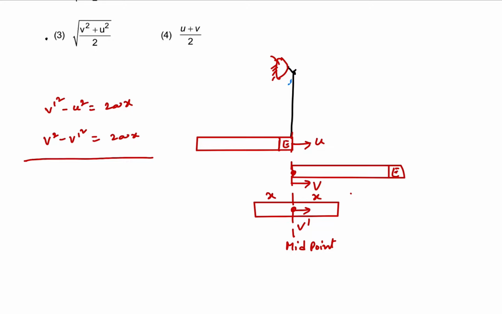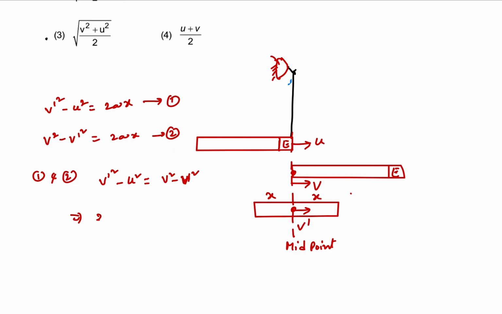A and x are not required now. You subtract this, or you can do one more thing also, just from the first equation and second equation. From 1 and 2, you can write v dash square minus u square is equal to v square minus v dash square.